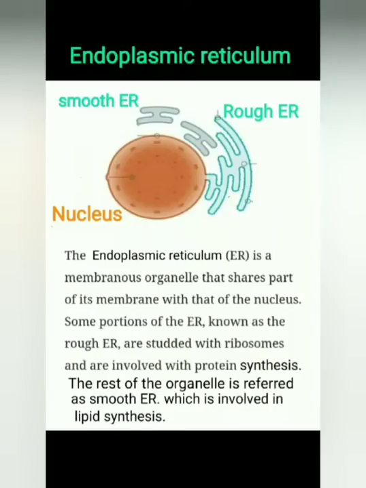Second is smooth endoplasmic reticulum, which does not contain ribosomes on its surface and it helps in lipid synthesis. Endoplasmic reticulum forms supporting skeletal framework of the cell and it provides a pathway for the distribution of nuclear material.